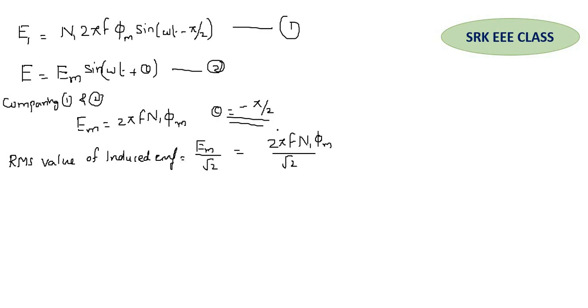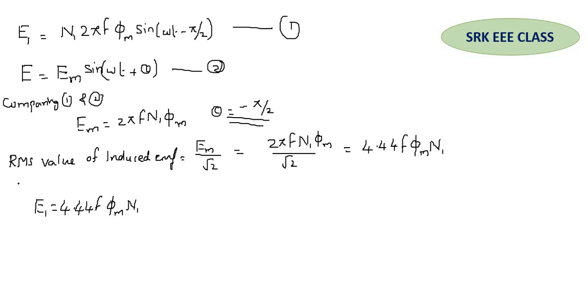This 2 pi by root 2 is nothing but our 4.44. So this becomes 4.44 f phi m n1. This is the standard relation. So we can write E1 is equal to 4.44 f phi m n1. This is the EMF equation of a transformer.